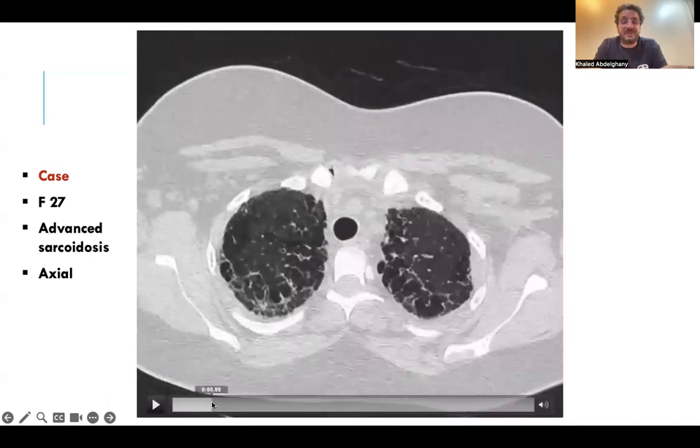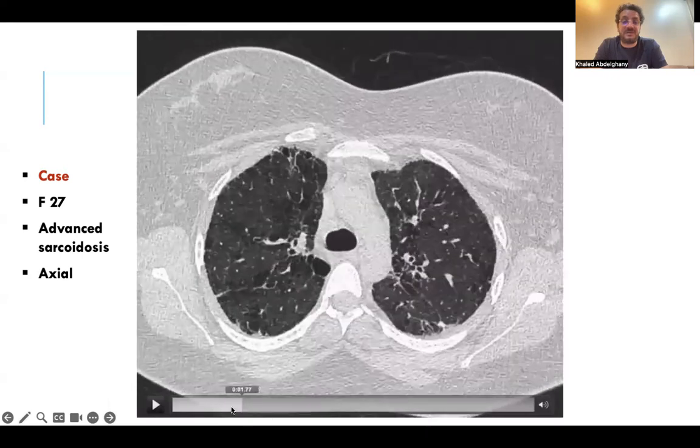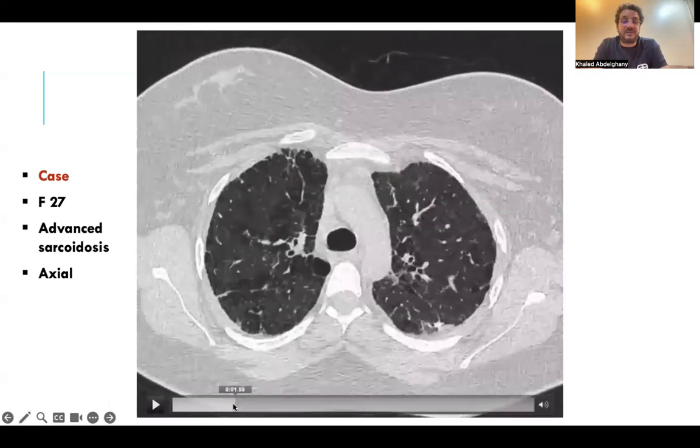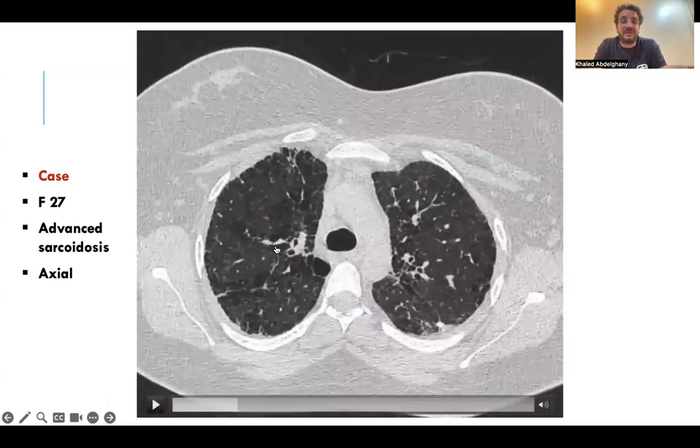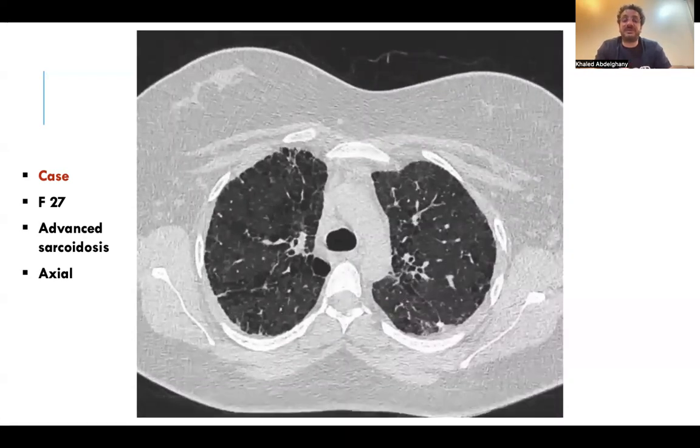But the emphysema that we are seeing here is along the fissures and along the bronchovascular bundle. This is the paracicatricial emphysema. It's one of the features of pulmonary fibrosis that is almost always confined to sarcoidosis. It's rare to be manifested by sarcoidosis, but it can happen.